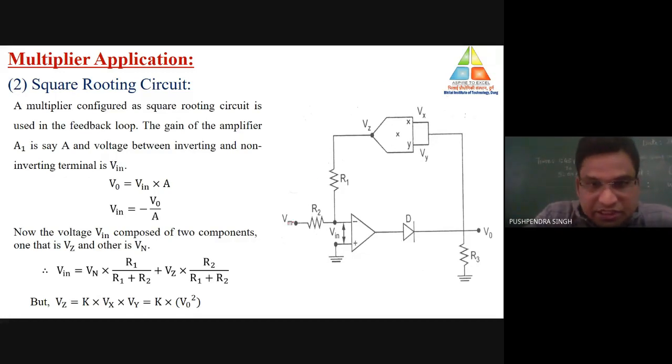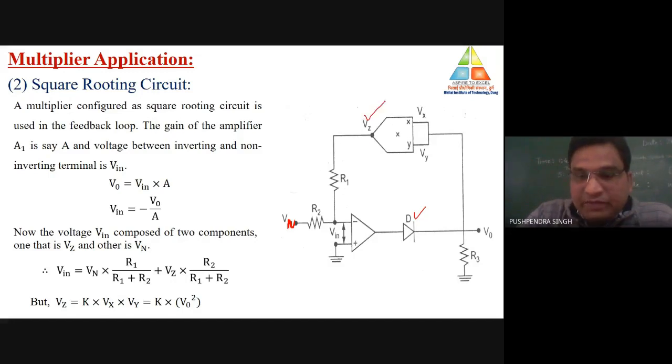So again change it to n now, because the calculation is related to n, and here in the circuit it is m. So take it as n. Vn is the input, D is the diode. Why do we need to use a diode? We will discuss it later after the completion of the solution.